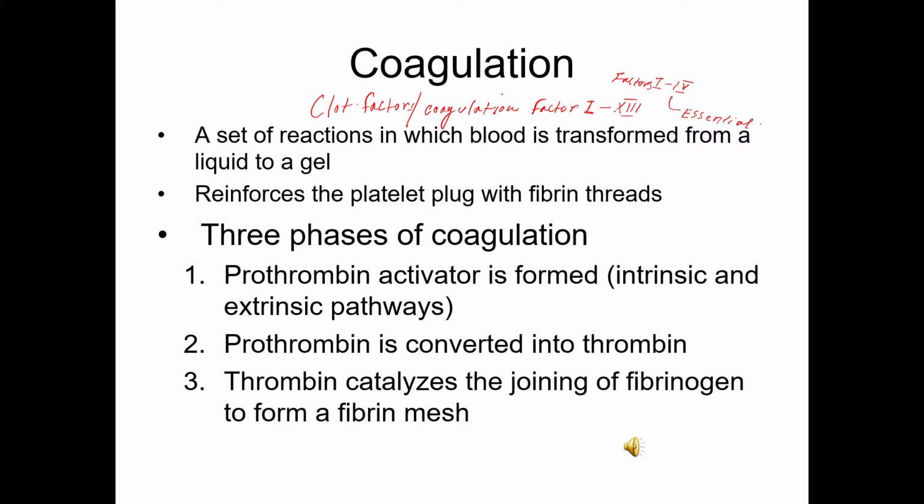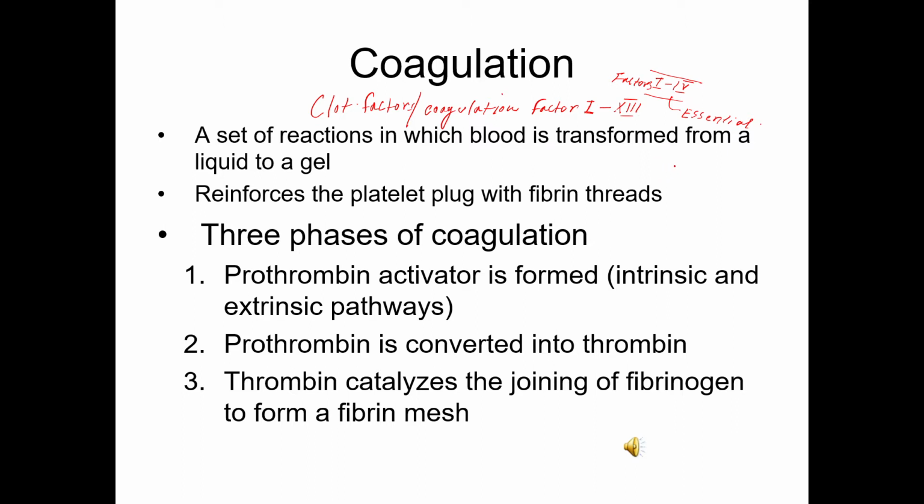Essential coagulation factors. Why are those called the essential factors? Because if any of these 4 factors is absent, then blood coagulation or blood clot formation will not occur at all. So you need to know those 4 important coagulation factors.